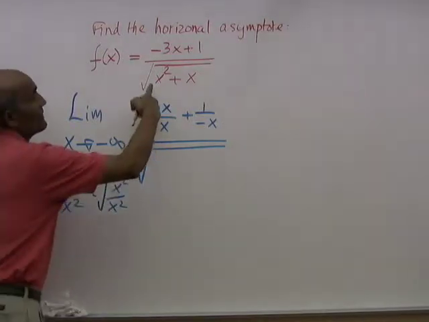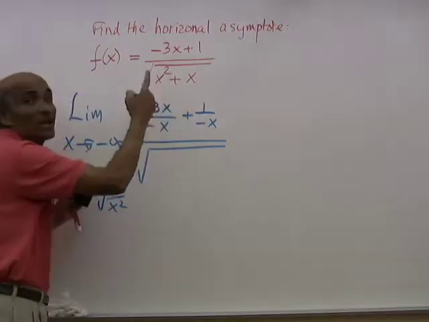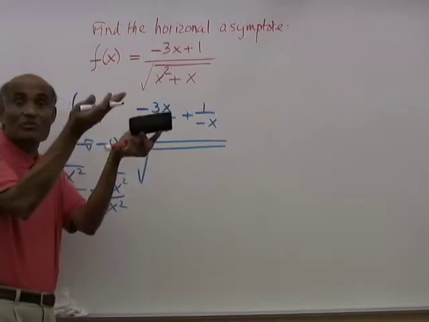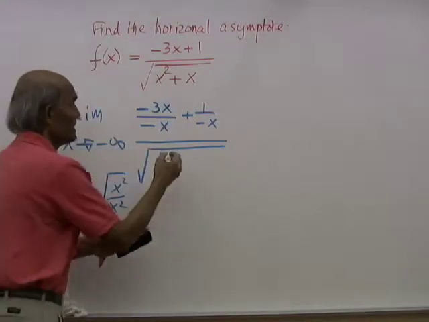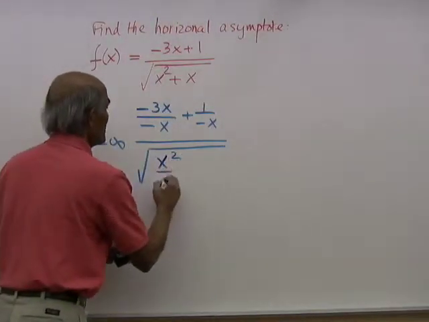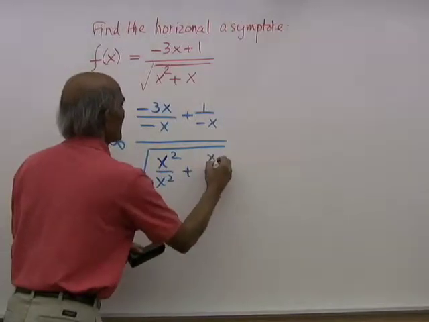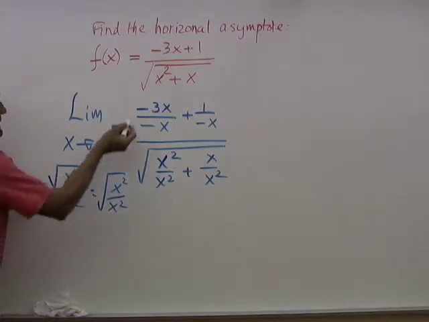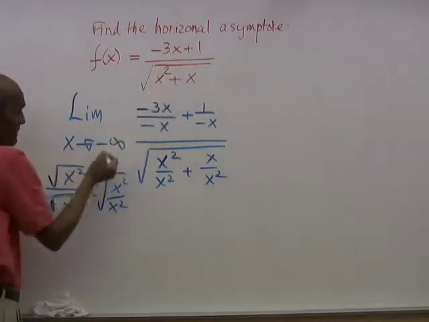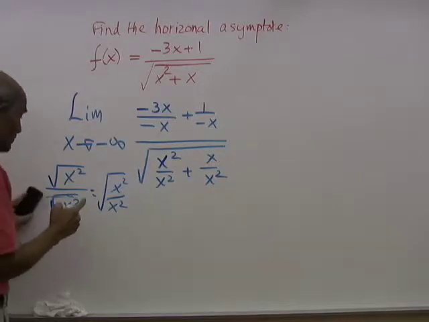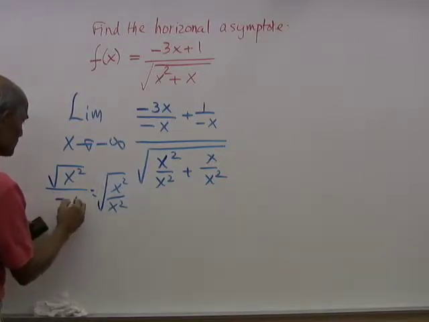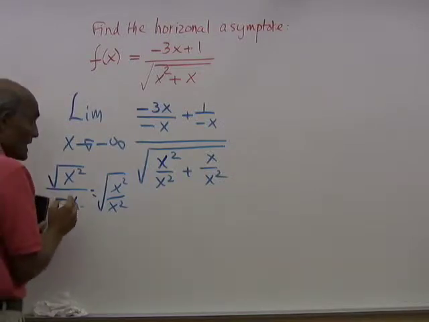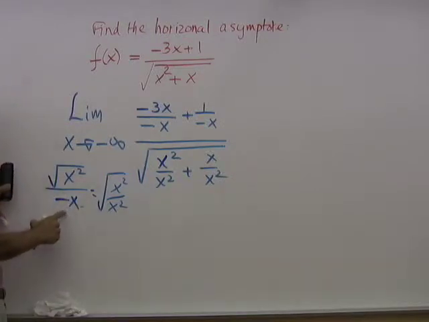In other words, dividing each of these terms by negative x, when that negative x is taken inside the square root, it becomes x squared. So it will be x squared over x squared plus x over x squared. I hope you understood what I actually meant. You want to divide square root of x squared by negative x.